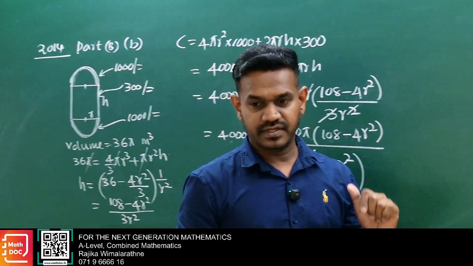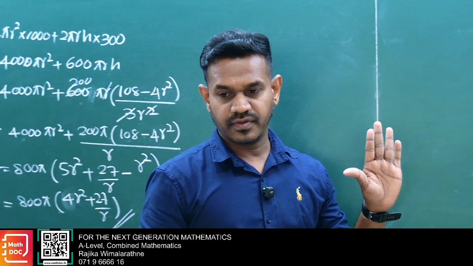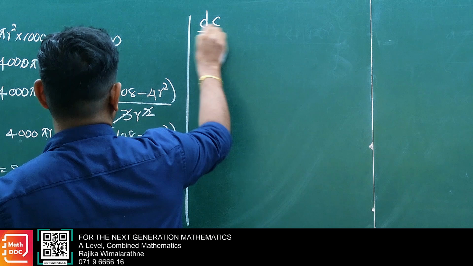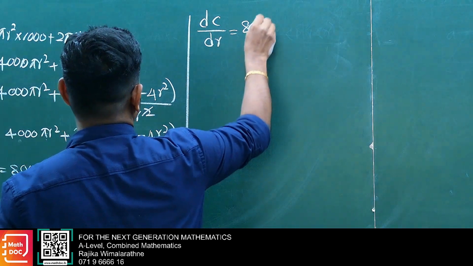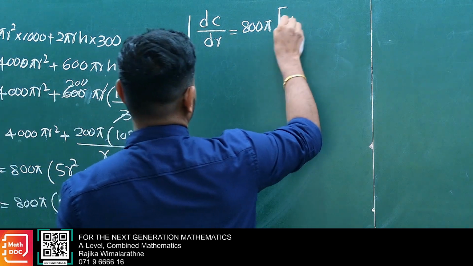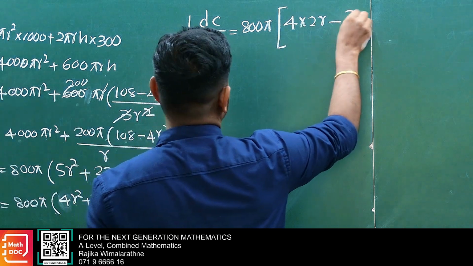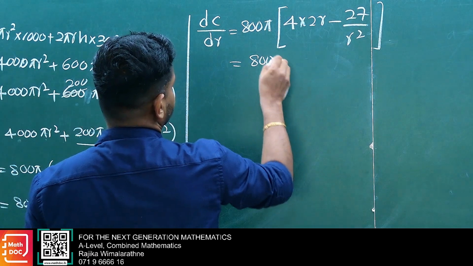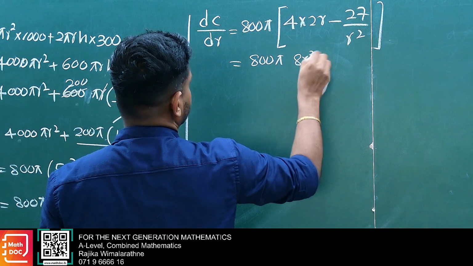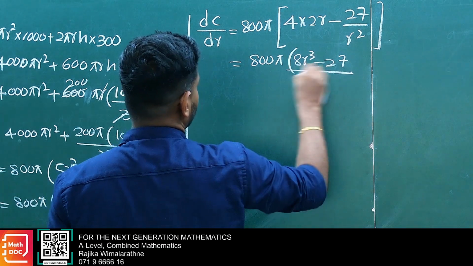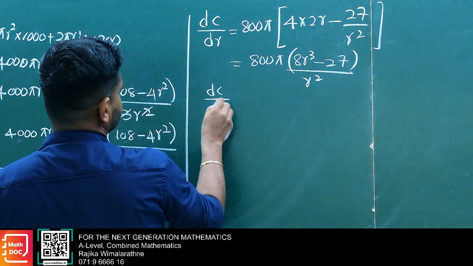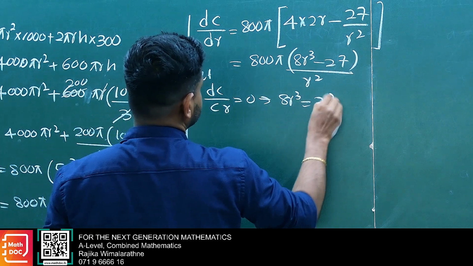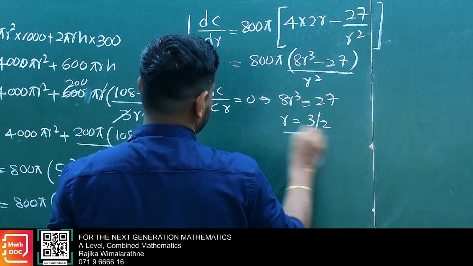Then dC over dr equals 800 pi times (4 times 2r minus 27 over r squared), which is 800 pi times (8r cubed minus 27) over r squared. Now dC over dr equals 0, then 8r cubed equals 27, so r equals 3 over 2.